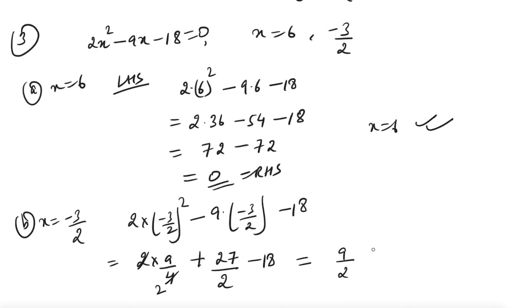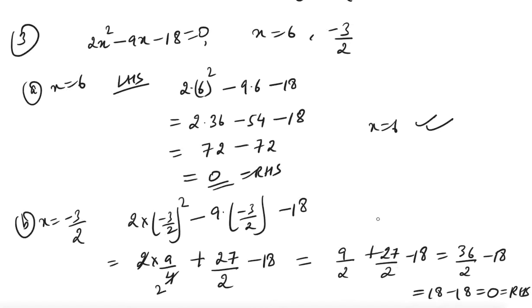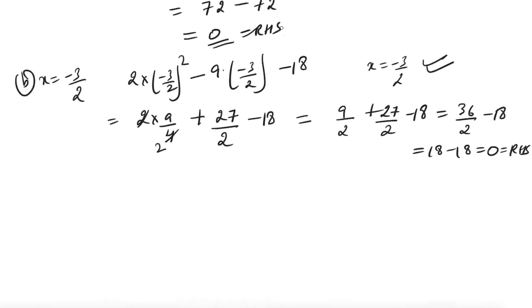So 9/2 plus 27/2 minus 18, which is equal to 36/2 minus 18, which is equal to 18 minus 18 equals 0, equal to RHS. Hence, x equals −3/2 is also the solution. Hence, both of them are the solutions of the given equation.